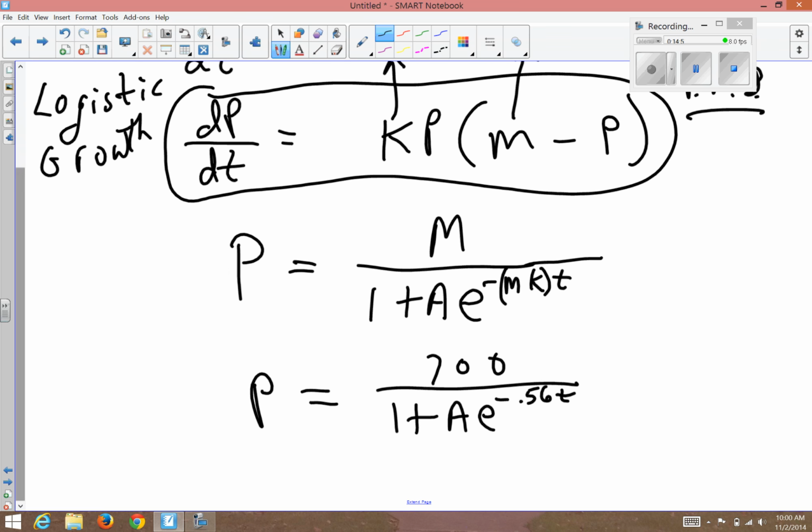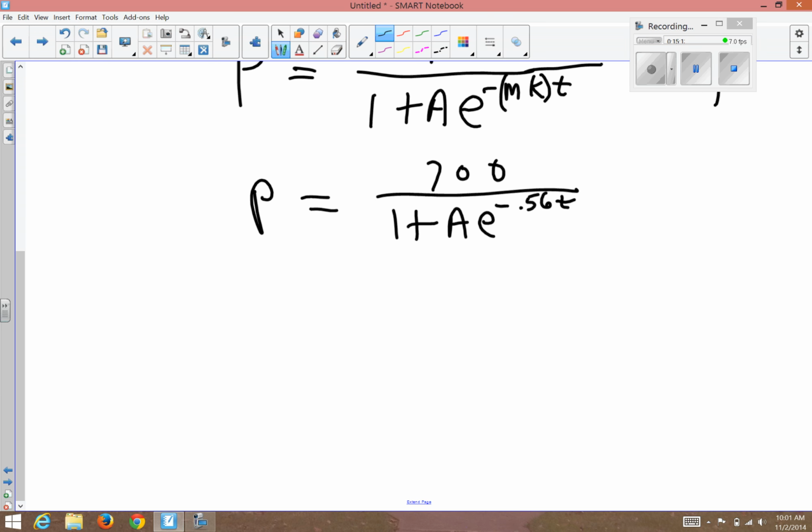Now you can't say that's the solution because you have this a in the answer. And we're going to find that a using the initial condition, which is P equals 10 when T equals 0. This is given. When T is 0, P is 10. I'm going to plug these in and do some algebra.